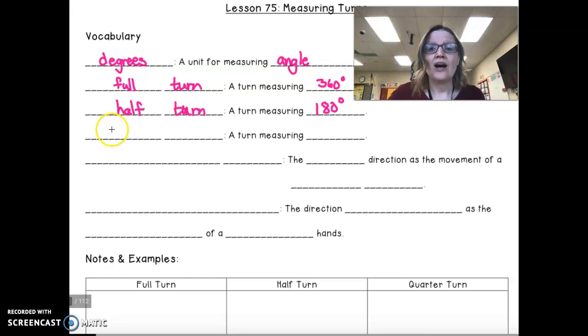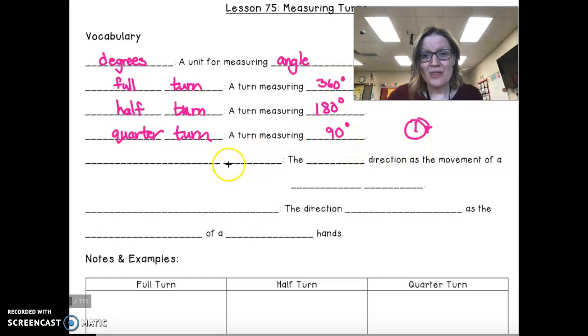Now, a quarter turn is an angle measuring 90 degrees. So if we were thinking about this as a clock, a quarter turn would be taking this and going down to this point right here.